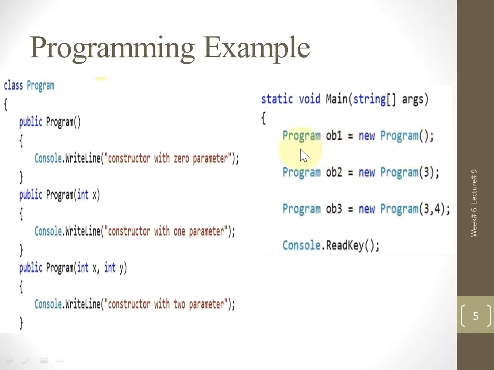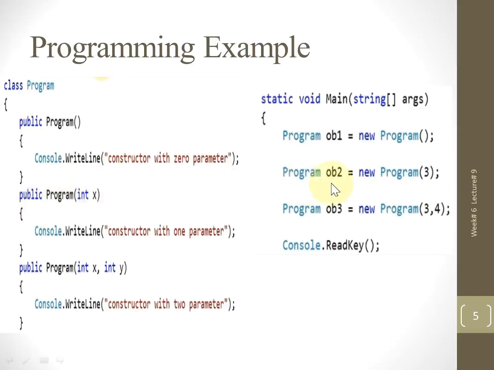When the first object is created, the first constructor will be called, because we are sending 0 arguments. Second, if you want to call the second constructor, you must fulfill all the requirements, which are the parameters.